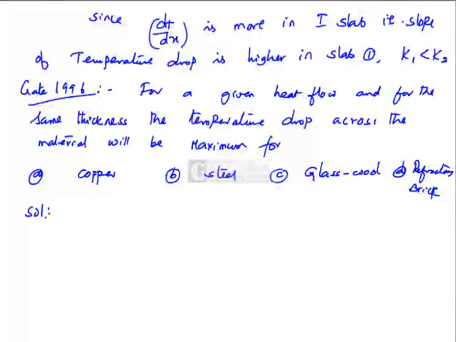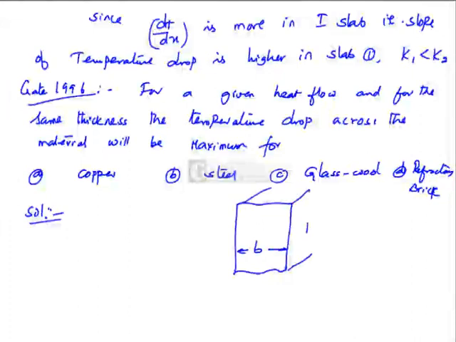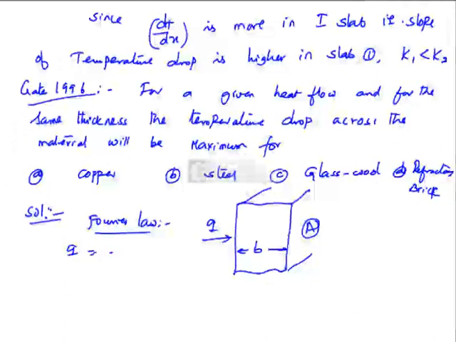The solution is given like this. For the same thickness, if A is the area of heat transfer, Q, Fourier law states that Q is equal to minus K A dT by dx, where K is conductivity.